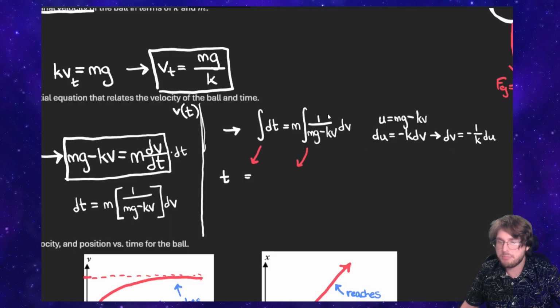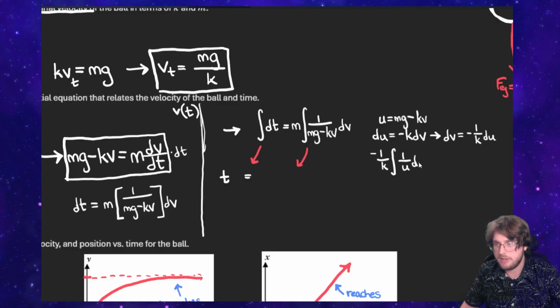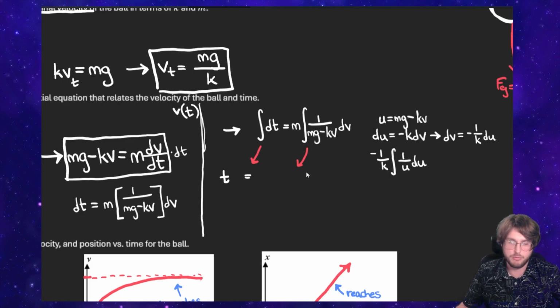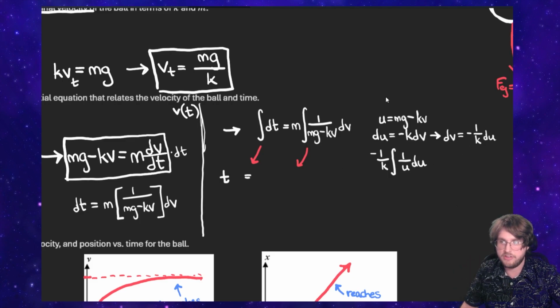So if we take that and plug it into our expression over here, we can get it in the form of negative 1 over k times the integral of 1 over u times du, when we make all of our appropriate substitutions that we defined above. And if we integrate that, we should find that this u subbed equation is negative 1 over k times ln, or natural log, of u.